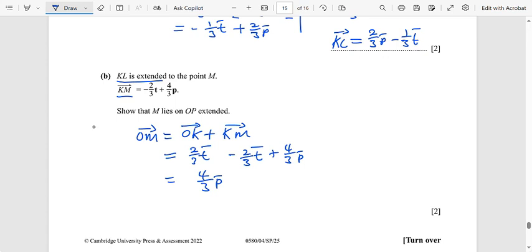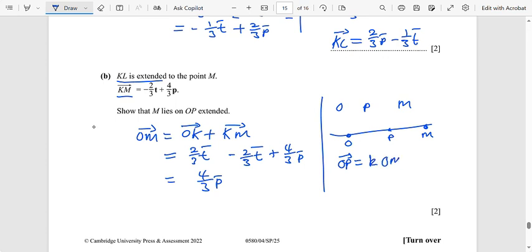If points O, P, and M are collinear, then vector OP should be equal to some constant multiple of vector OM, because it's just a fraction of the whole line OM.